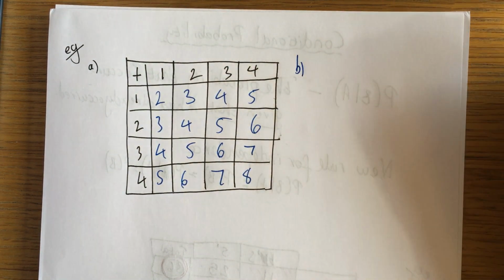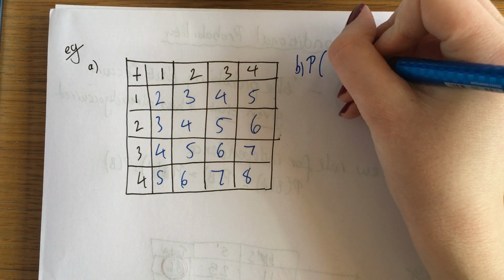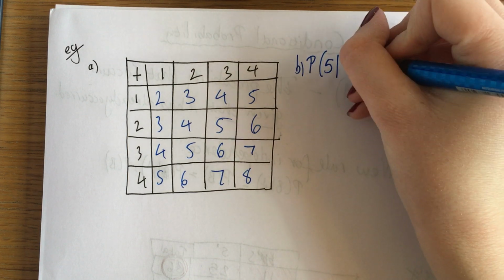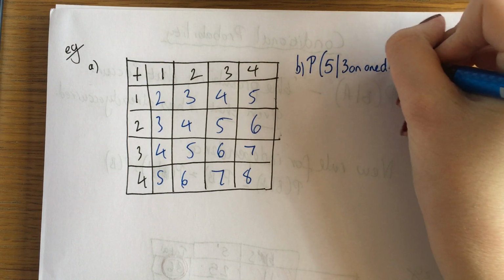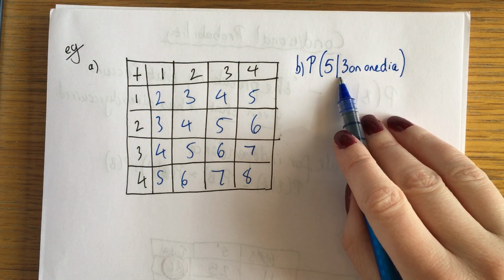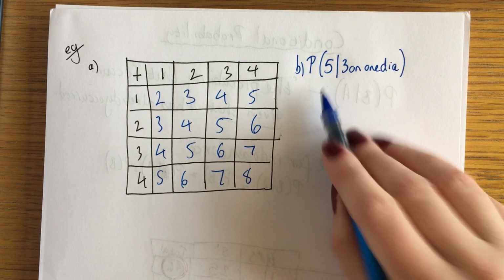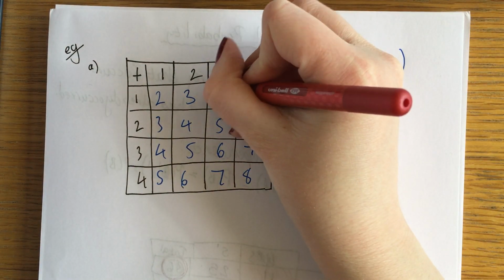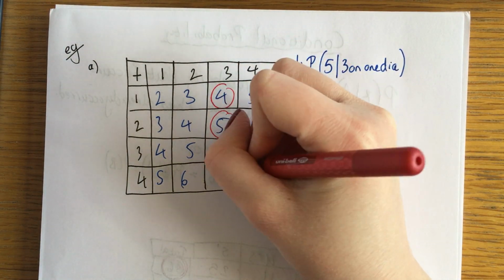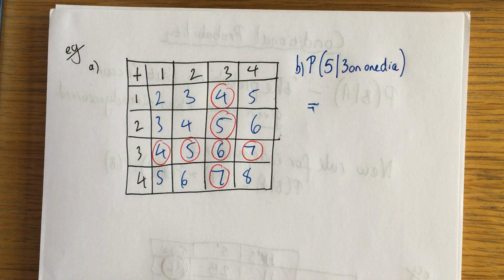Given that at least one dice lands on a 3, find the probability that the sum on the dice is exactly 5. So given that I know it's landed on a 3, what's the probability that the sum is 5? So I'm looking at all of the options where one of the dice has landed on a 3.